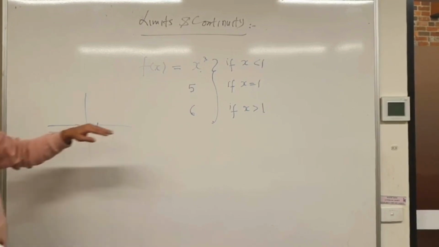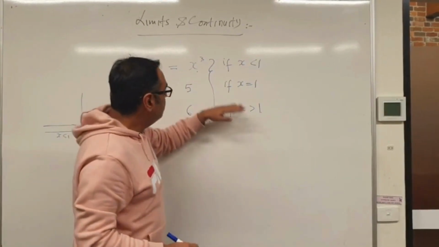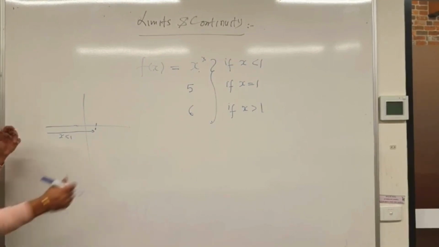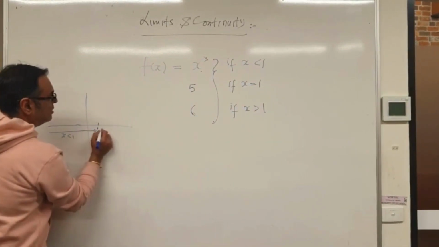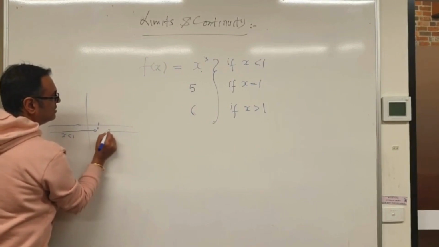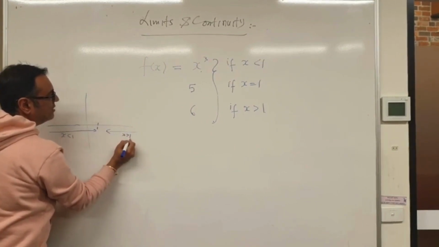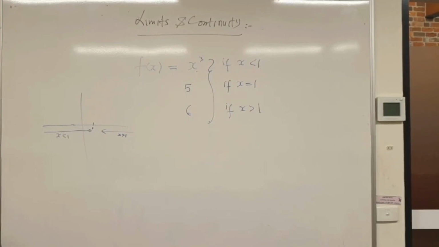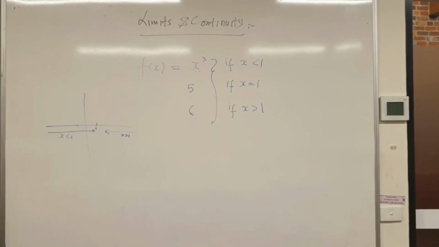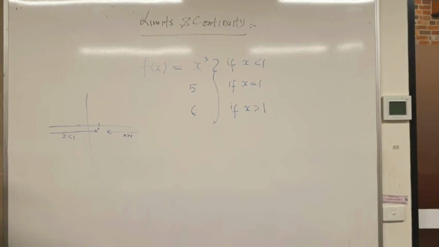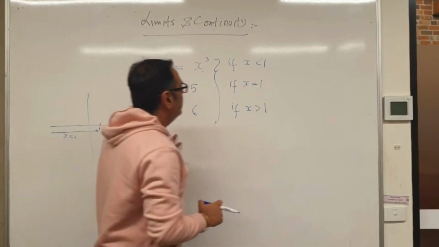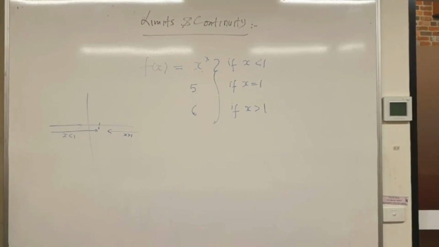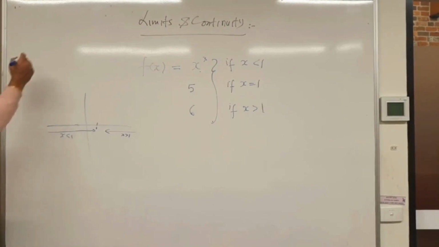Correct? Now, Ryan, which out of the 3 is the right limit? 6. So this value is for x greater than 1. And at 1, which value is at 1? 5.